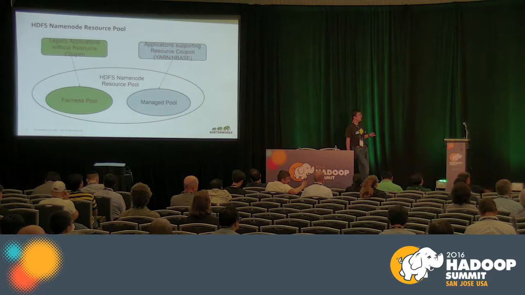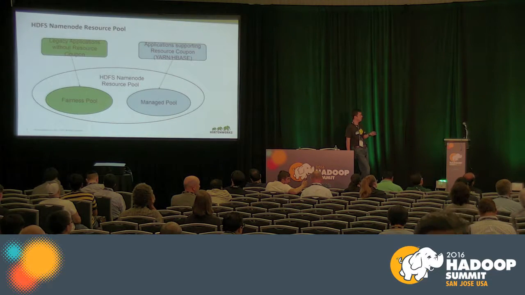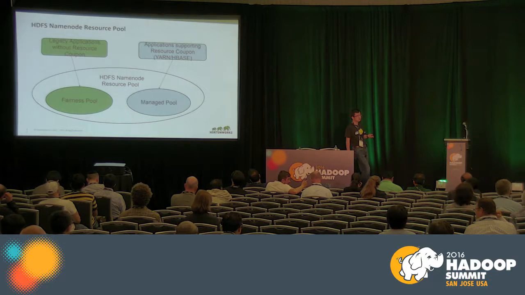And to be compatible with some of the existing applications, what we call legacy applications, without resource coupon, we carve the HDFS resource name node RPC resources into two separate pools. The fairness pool is used for those legacy applications which won't send resource coupons along with their RPC request.